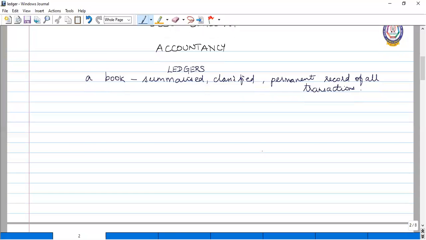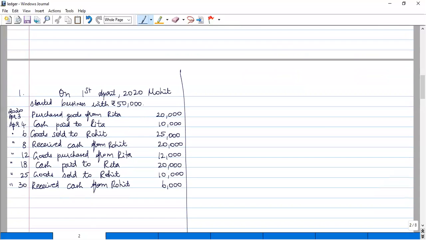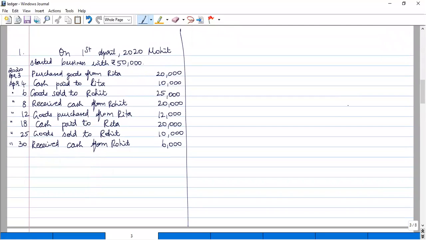Now we'll see sum number 1. The questions you can see on the screen. These are the transactions given in question number 1, and we are going to journalize these transactions and then post them into ledger. First we'll start with a journal entry.